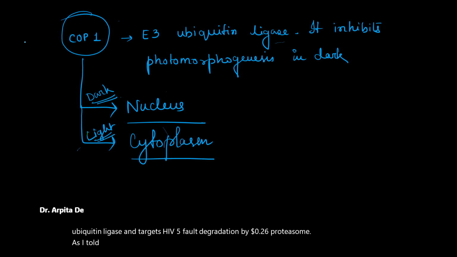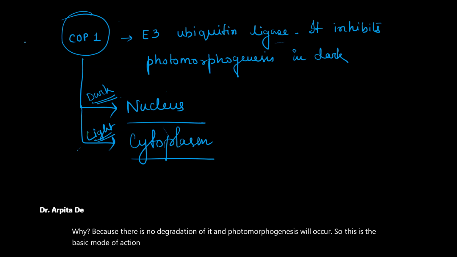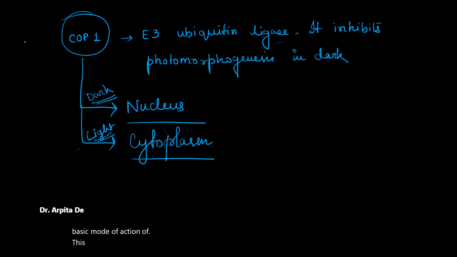And there is no photomorphogenesis. But once it is exposed to light, it comes to the cytoplasm and there is a high amount of HY5. Why? Because there is no degradation of it and photomorphogenesis will occur. So this is the basic mode of action of this particular protein or phytochrome.